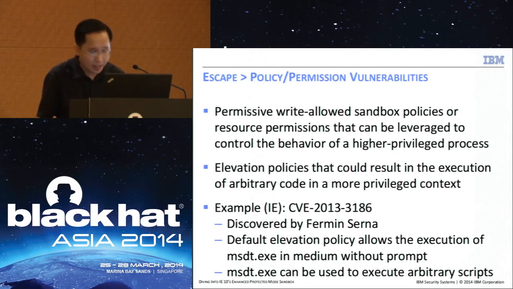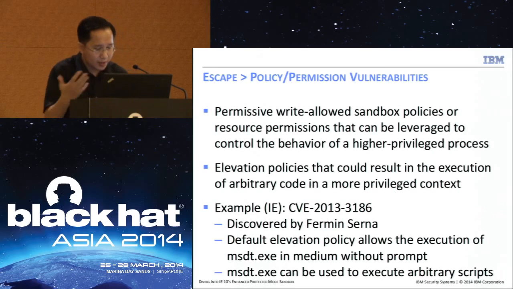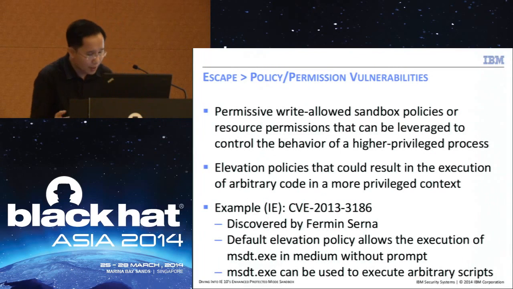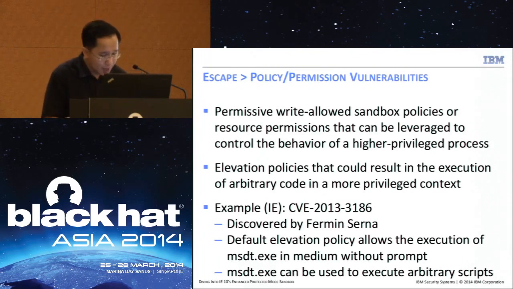However, a few months after, Fermin Serna, another security researcher, did find and document a policy vulnerability in IE. So the lesson I learned here is that I need to do multiple sweeps and keep digging, because I might have missed something on the first sweep.